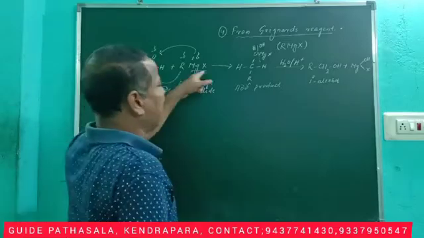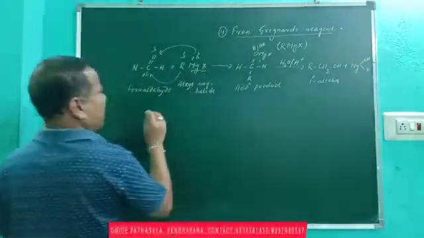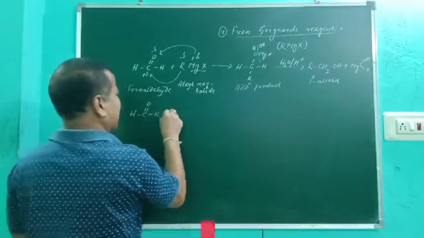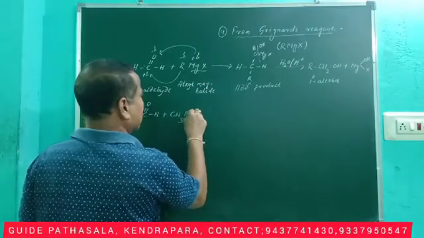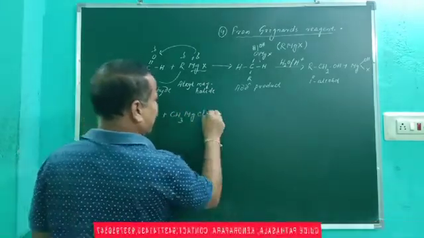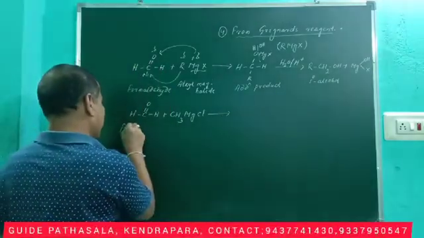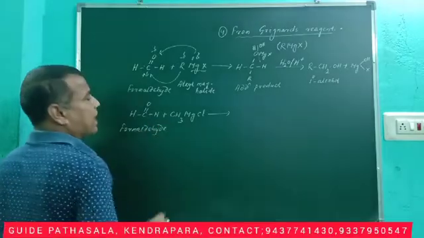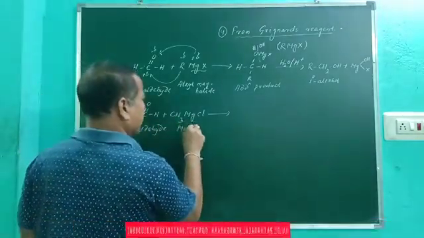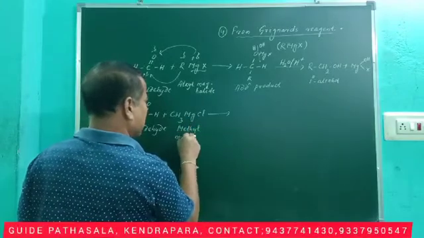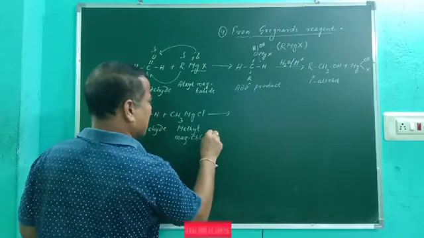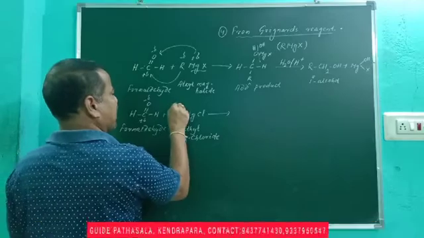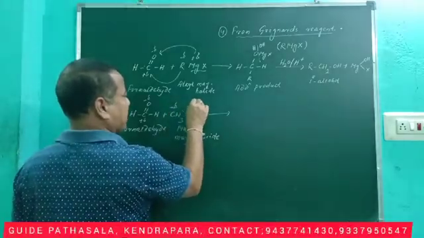Suppose you take methyl magnesium chloride, CH3MgCl. So when formaldehyde reacts with methyl magnesium chloride, the carbon atom carries positive charge, oxygen carries negative charge, the methyl group carries negative charge, and MgCl carries positive charge.